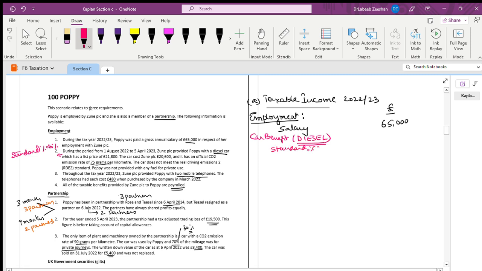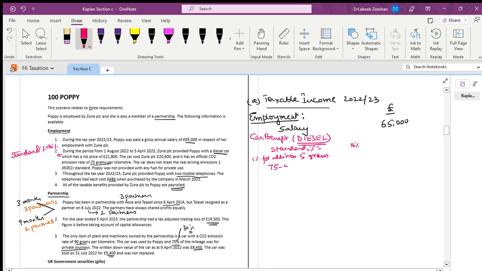Standard percentage is 16, with 1% for each additional 5 grams.